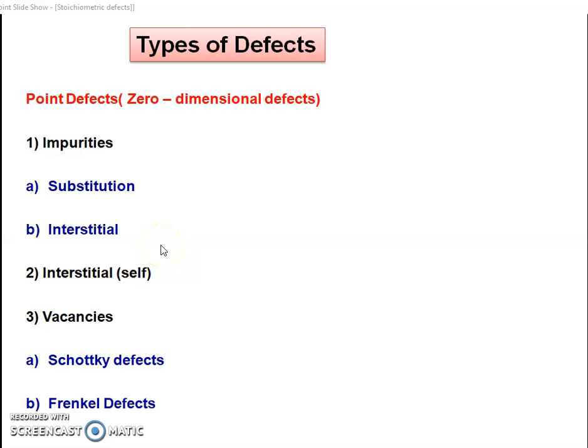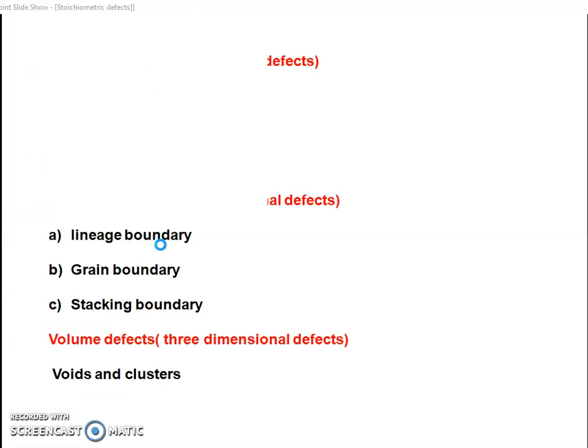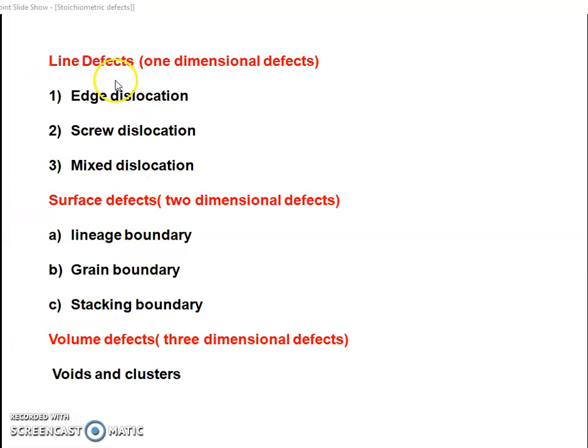The next type of defect is the line defect. Line defects are the edge dislocation, screw dislocation and mixed dislocation. So these three types of defects are present in line defects.